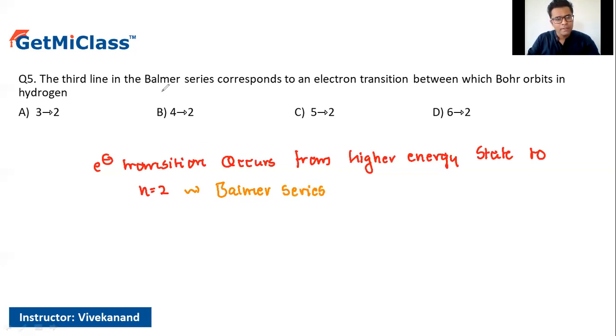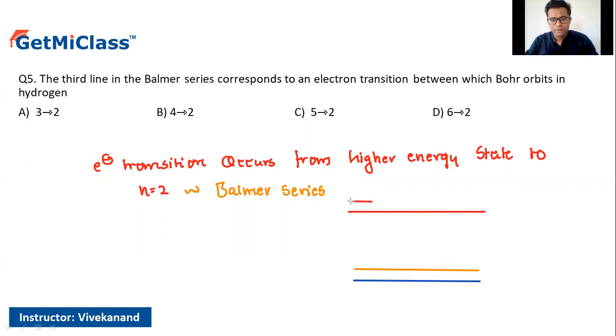Okay, now that means when a transition is occurring, let's say this is our first energy level, and that is our second energy level over there. Let's say these are the different energy levels.